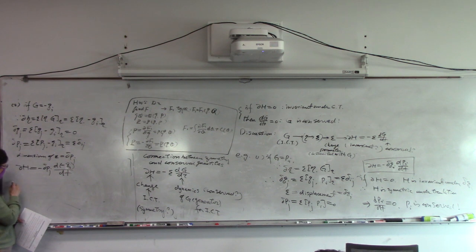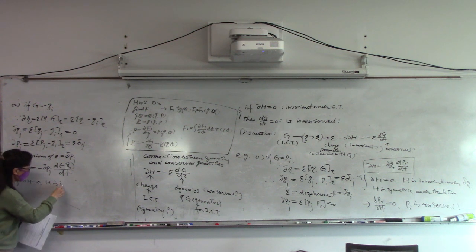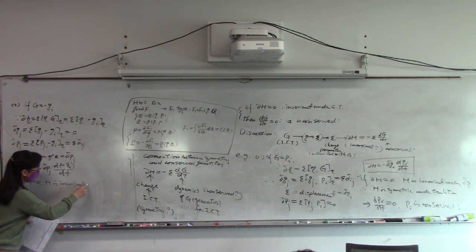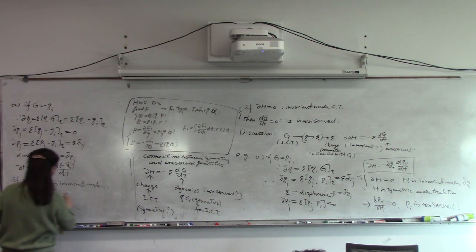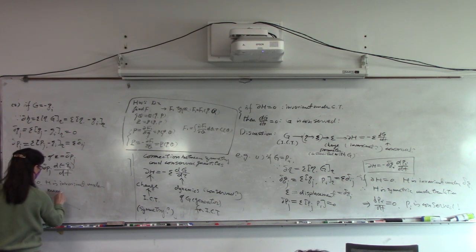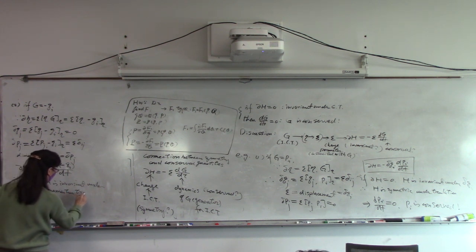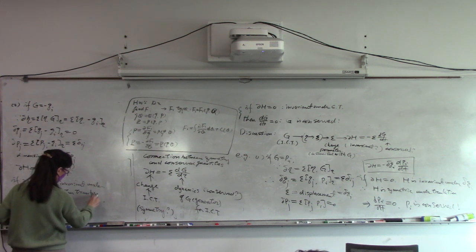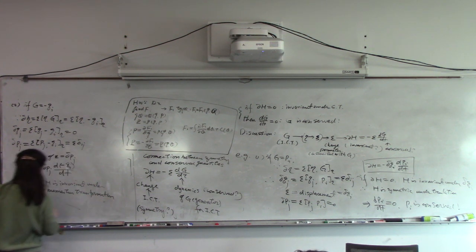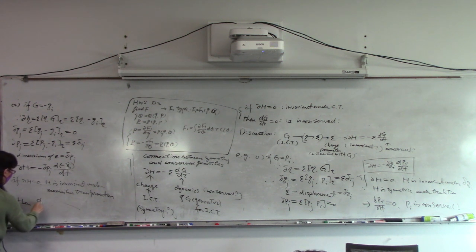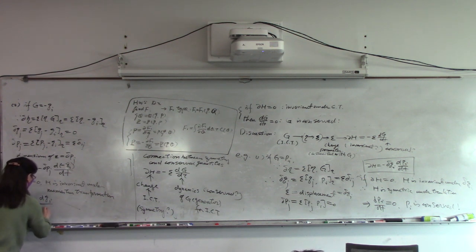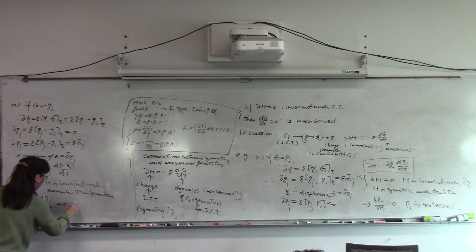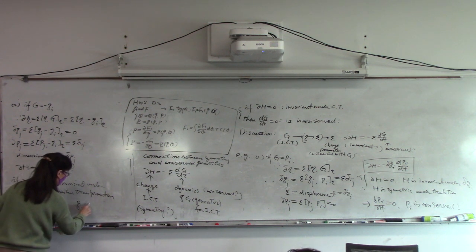If it's 0, it means H is invariant under this momentum translation transformation. Then we immediately know that this displacement is constant. It will not change. That's it.